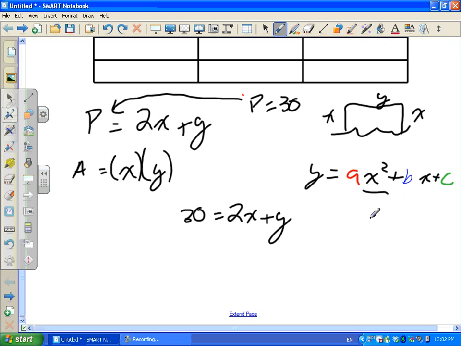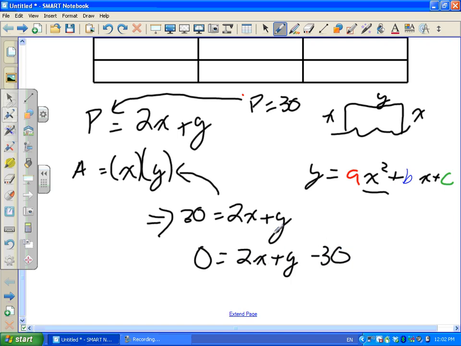So I'm going to take this equation right here, okay? I'm going to set it equal to y. When I set it equal to y, if you guys remember from earlier chapters, I'll then be able to substitute it in for the y in the area formula. So I'm going to bring the 30 over, which will give me plus y, negative 30.